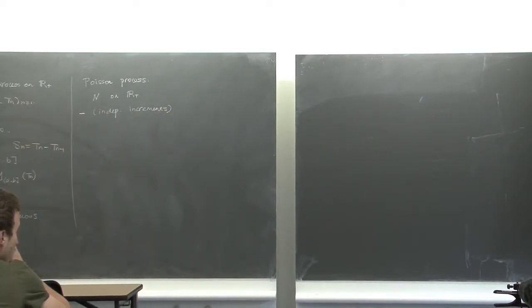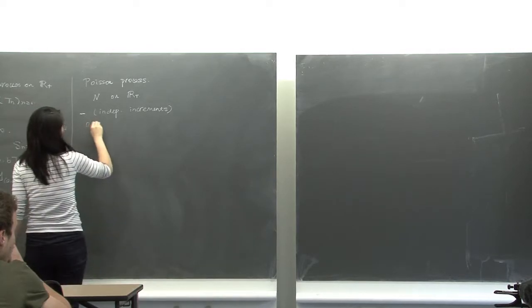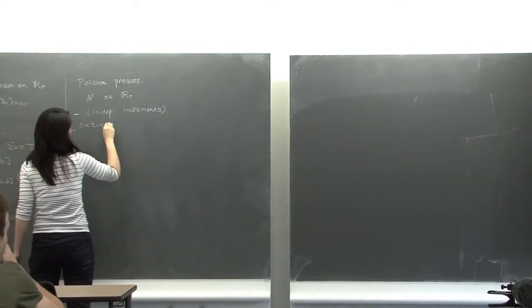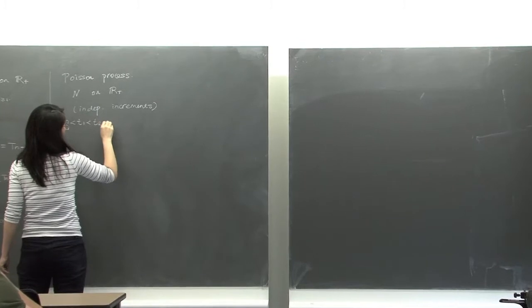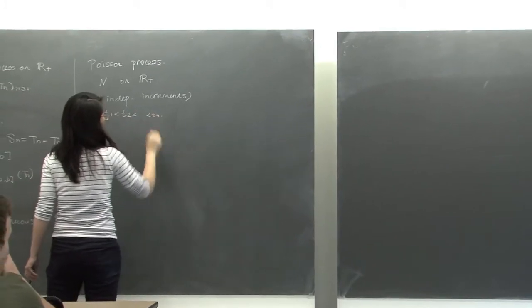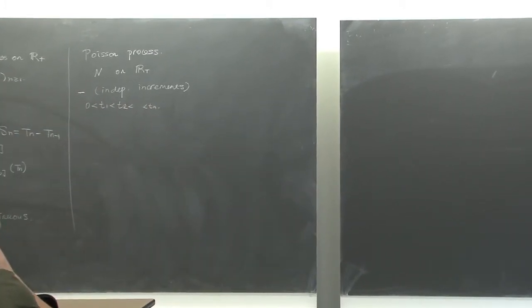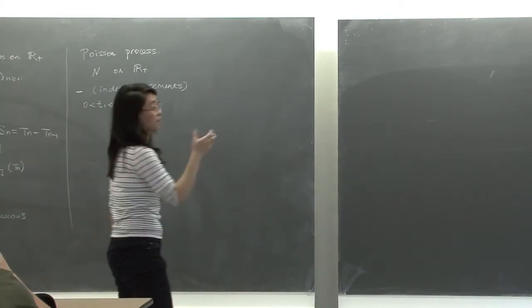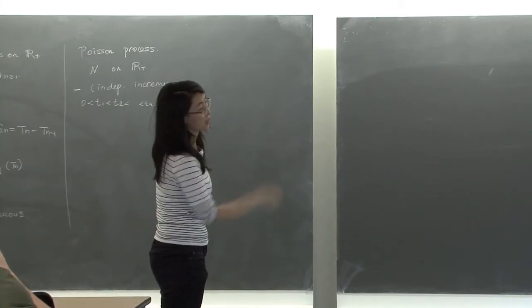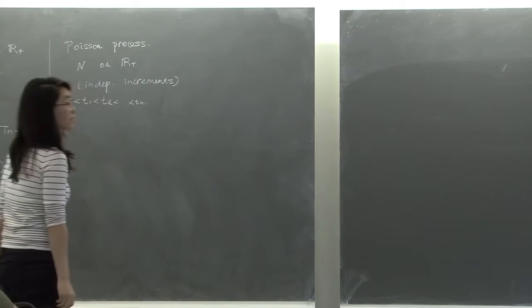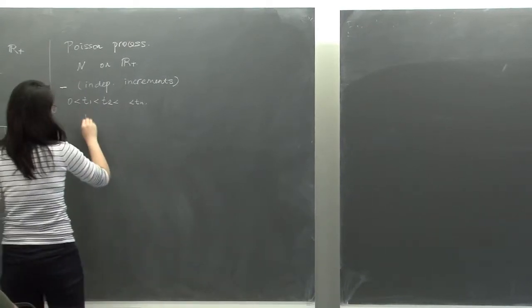It means that for any time intervals, as long as the time intervals are disjoint, the counting process values on these intervals are independent.